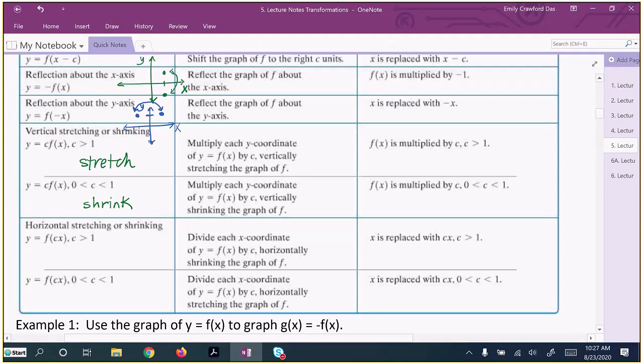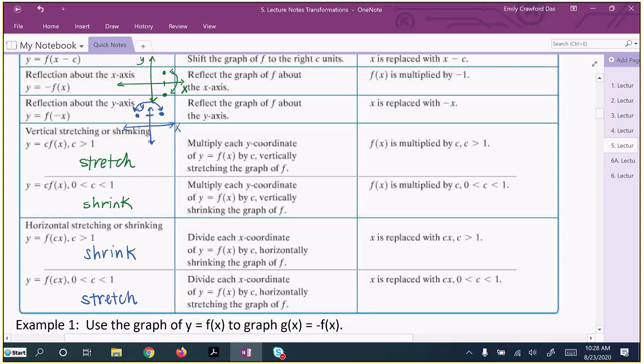But we may also have horizontal stretching or shrinking, and this will be multiplying a real number c inside the function, or with the x-coordinate, as you'll see here, f of c times x. And as we saw before, the changes to the x-coordinate are somewhat counterintuitive in the sense that now if we have a c larger than 1, this results in a horizontal shrink, whereas if we have a c between 0 and 1, this results in a horizontal stretch.